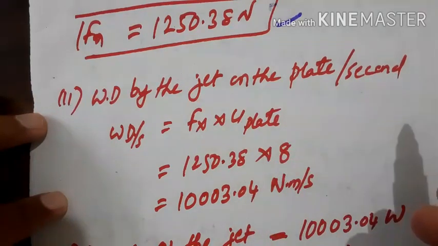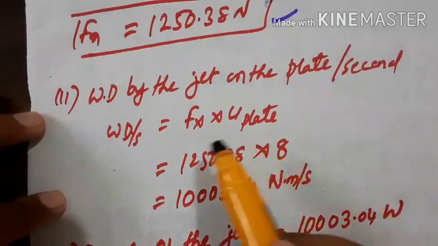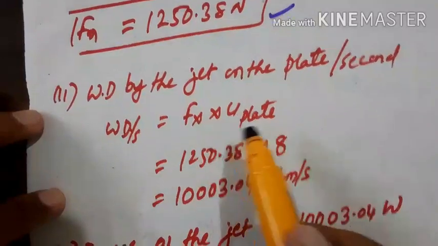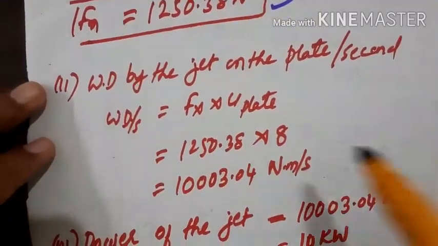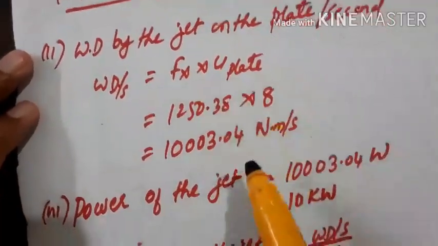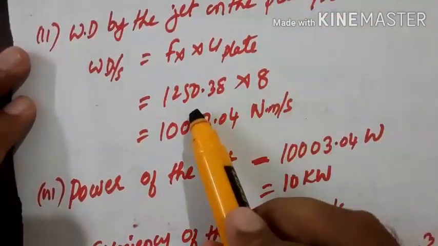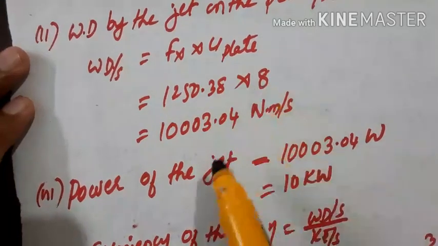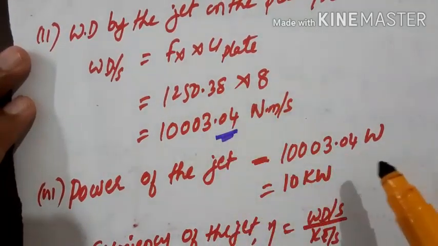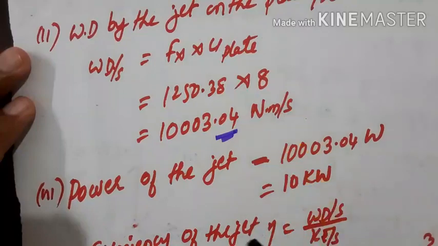Since the plate is also moving here, we get the work done. Then Fx into u, the velocity of the plate, that is 1250.38 into 8, we get this much work done per second, and the unit is Newton meter per second.